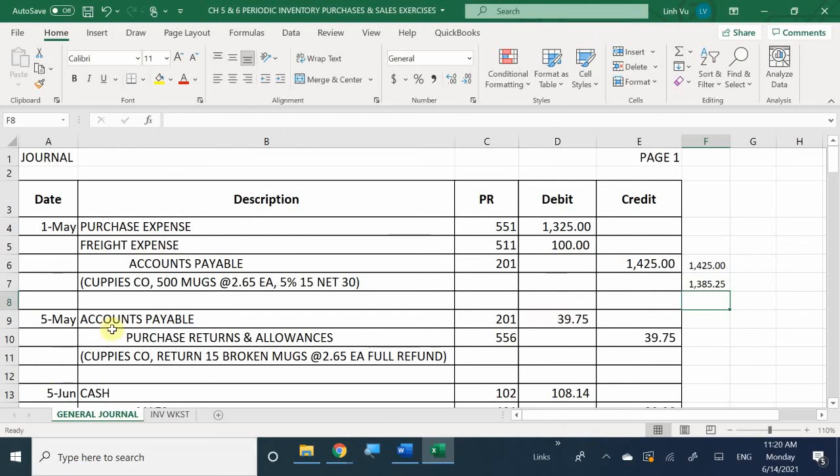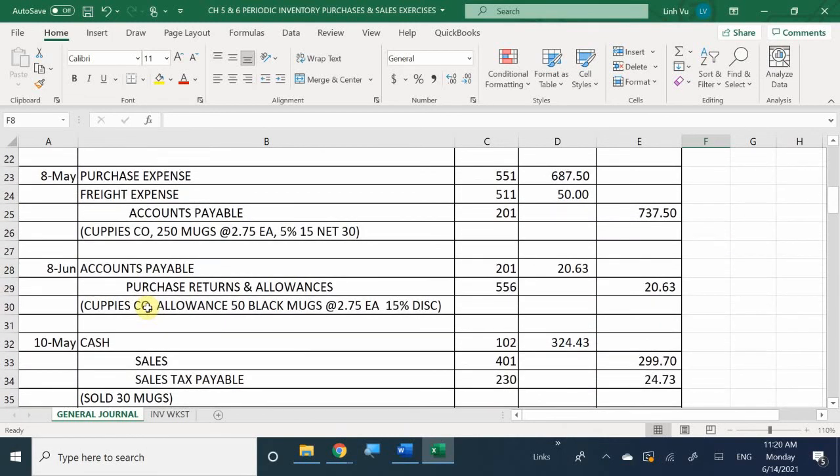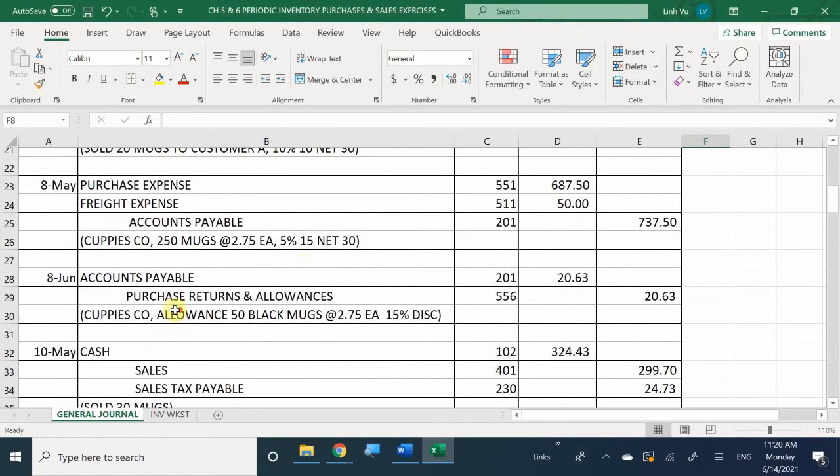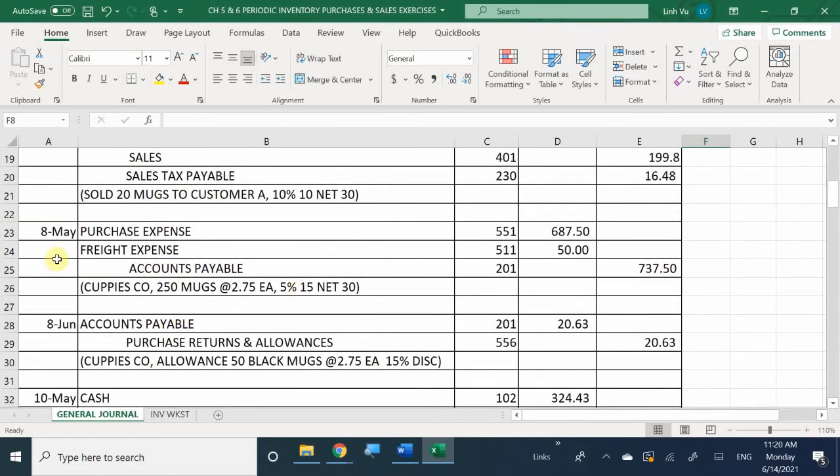Now let's take a look at our second bill. Our second bill was on the 8th. Here we are, accounts payable. So we purchased 250 mugs at $2.75 to give us a grand total of $737.50. But we ended up getting a 15% discount off of those 50 mugs that we attempted to return because they were the wrong color.